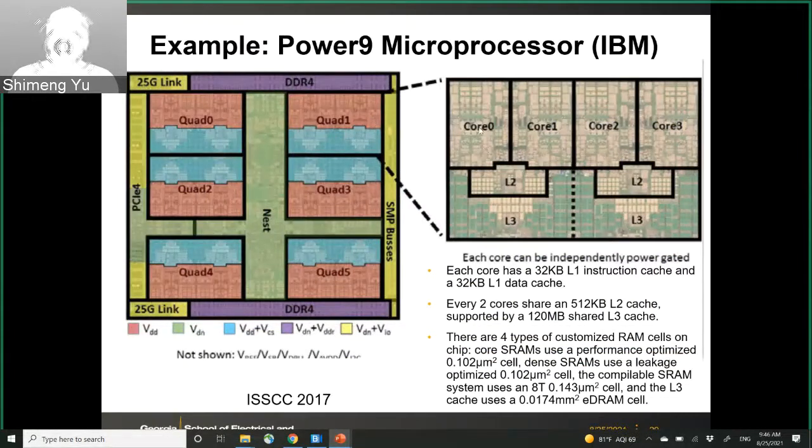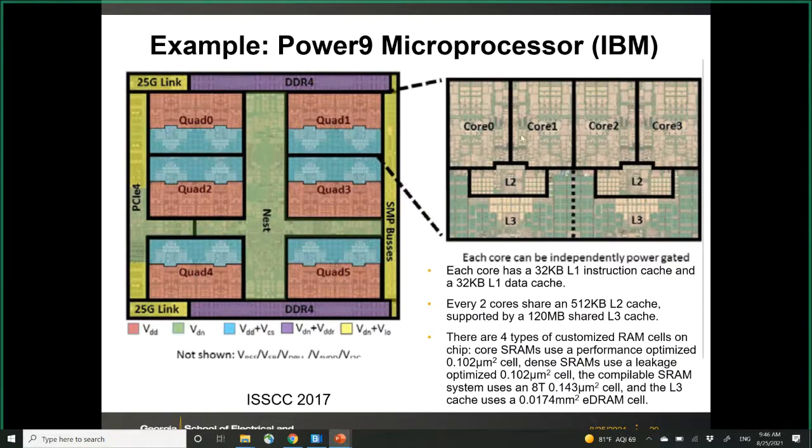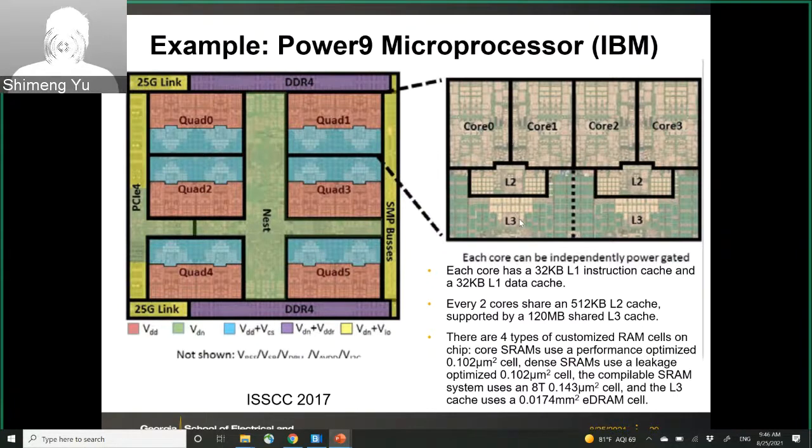And here you see that the L2 is shared between 2 cores, and L3 is also shared between those 4 cores. Then each core has its private 32 kilobyte L1 instruction cache and 32 kilobyte L1 data cache.